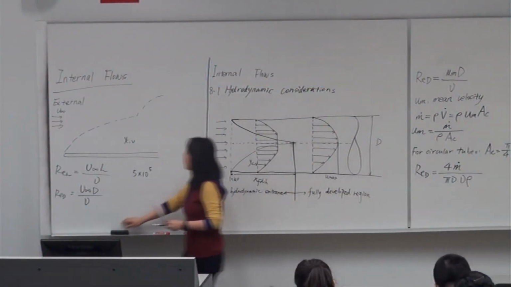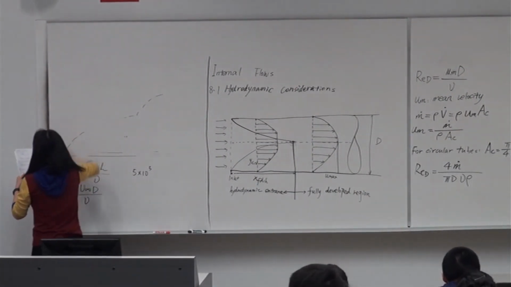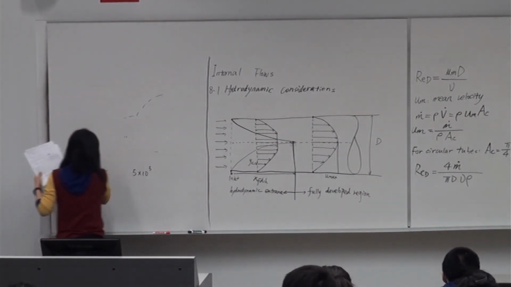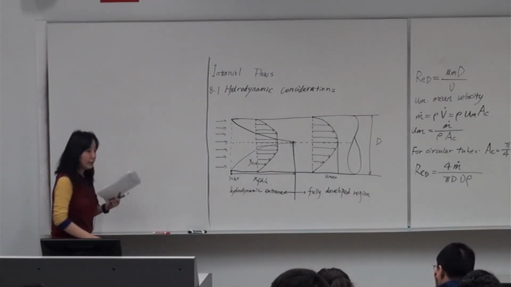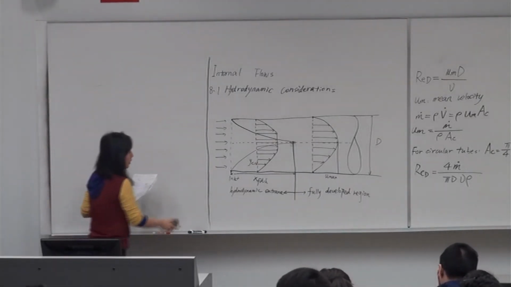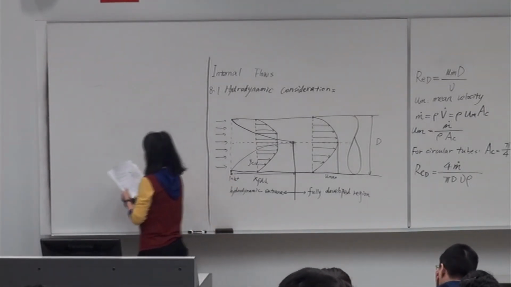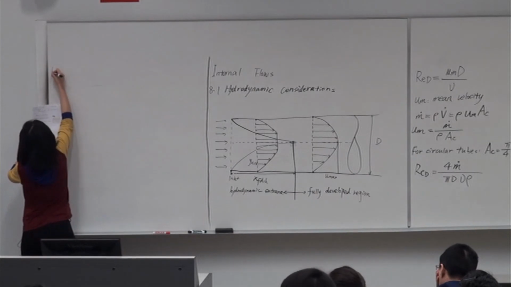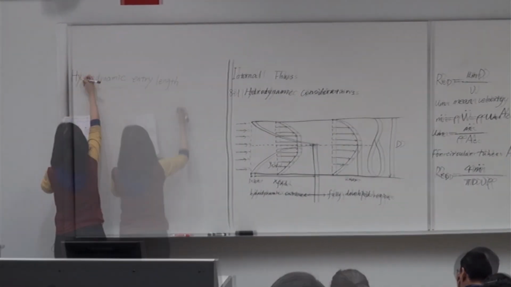Now, let's consider laminar flow, and we will utilize everything we have already taught in external flows. Based on our understanding of entry length, we will obtain those correlations tabulated in the textbook within just one step.